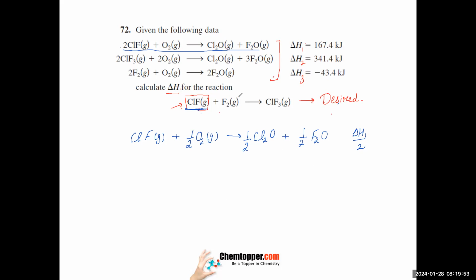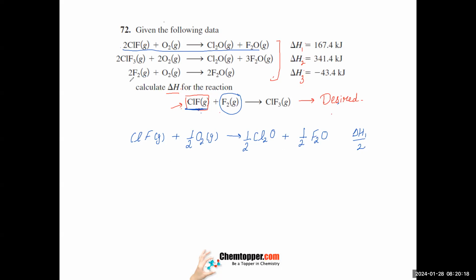Now focus on the next thing, F2. Which equation is giving you F2? Are you going to take it as such or do you need to make some changes? Divide by 2.